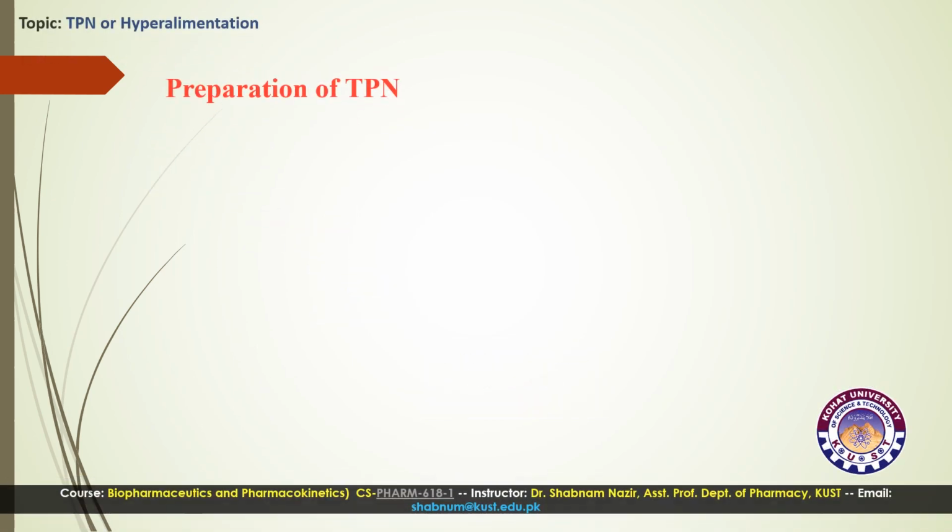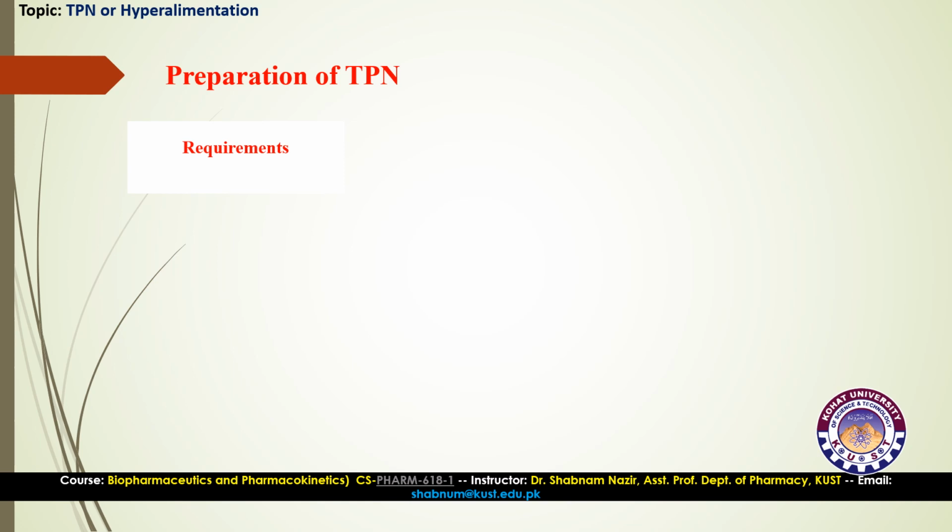So, TPN preparation. TPN preparation requires certain things in which a trained pharmacist is required. The pharmacist must be trained in various methods of preparation of TPNs and the various equipment which could be used during the process. The pharmacist must be well trained in that. There should be proper documentation.